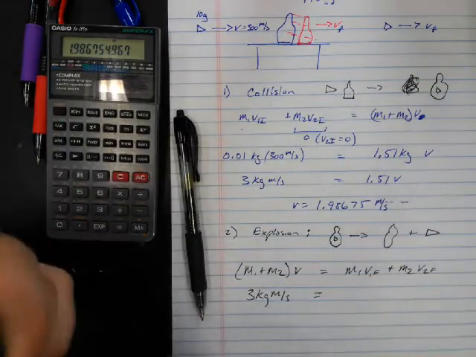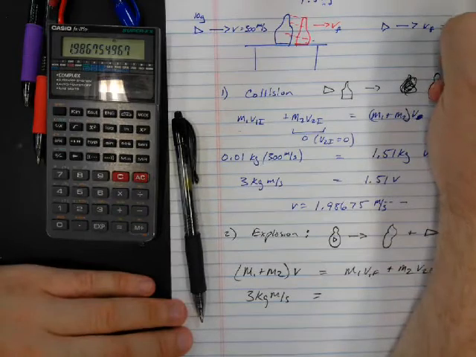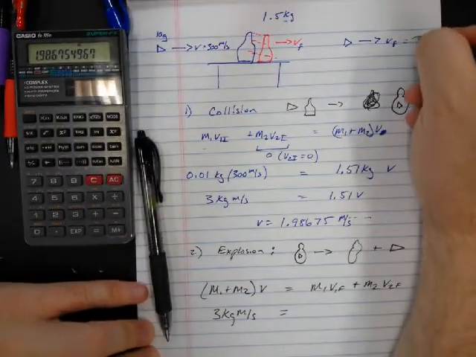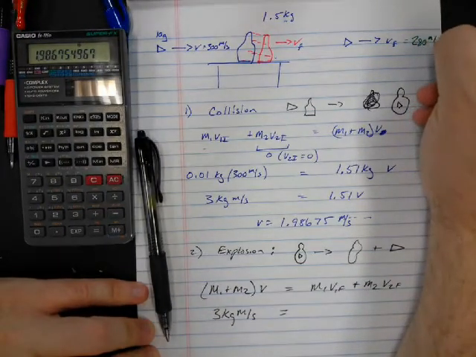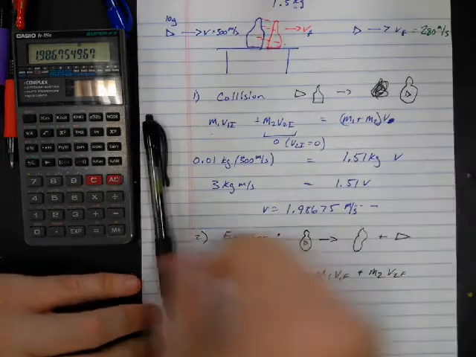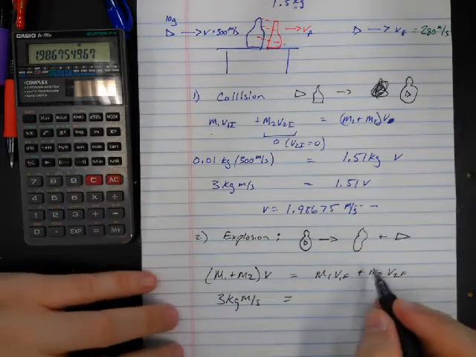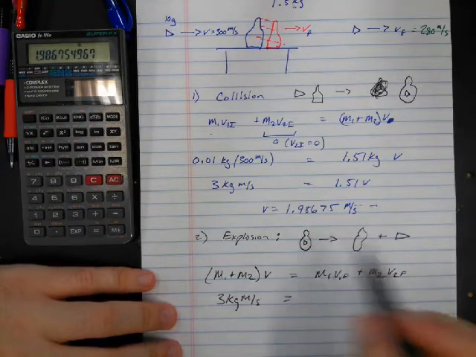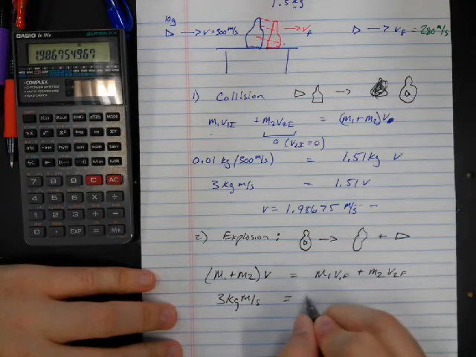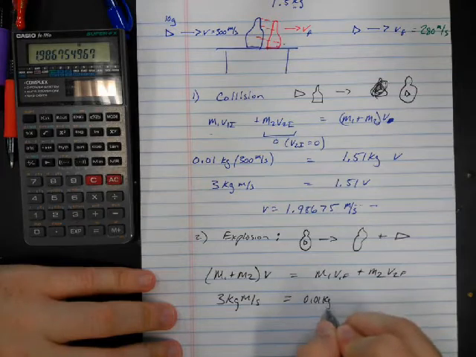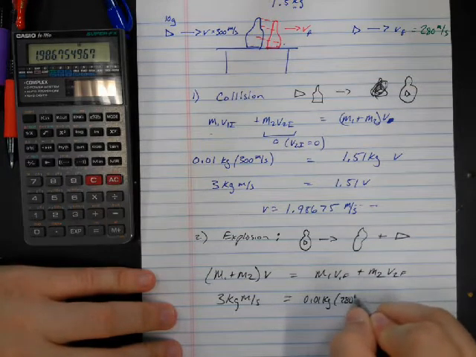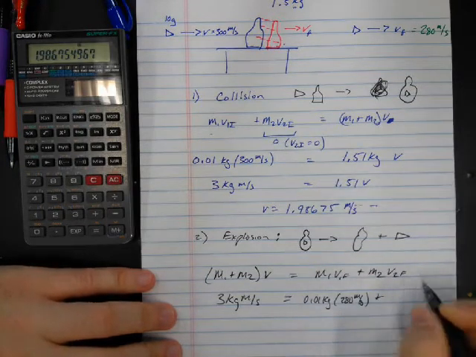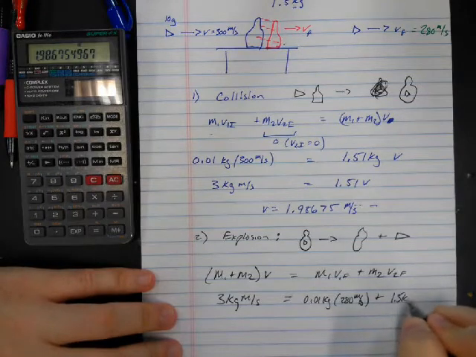The only way we can go about it is to write the problem correctly. Let's say the projectile's final velocity is 280 meters per second. What did we call M1? M1 was the projectile. So 0.01 kilograms times 280 meters per second plus 1.5 kilograms times V final.